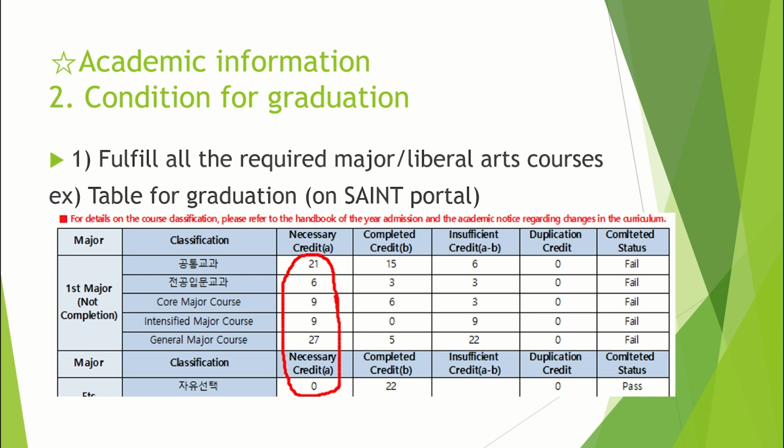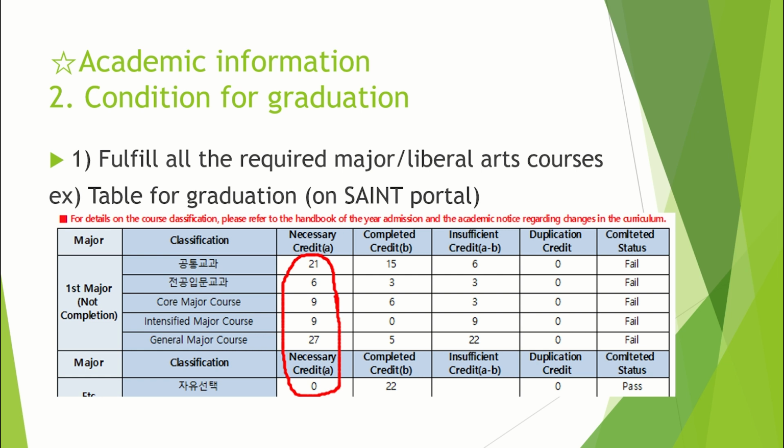Next, graduation. After you enter, we provide you a table for graduation in our Saint system, which is continuously updated semester by semester. You can see it anytime to check how you are making an academic plan to graduate.